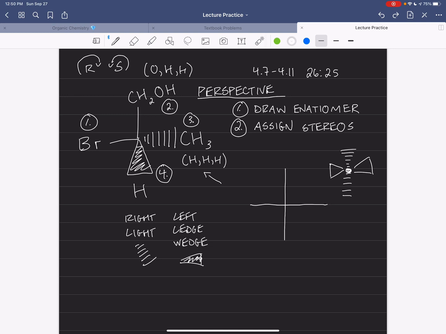But look at our hydrogen. We need to swap positions 1 and 3. We need to make a swap. Because we need to make a swap, although this is going in the right direction, this is going to be the S. This is an S isomer, even though it's going here.